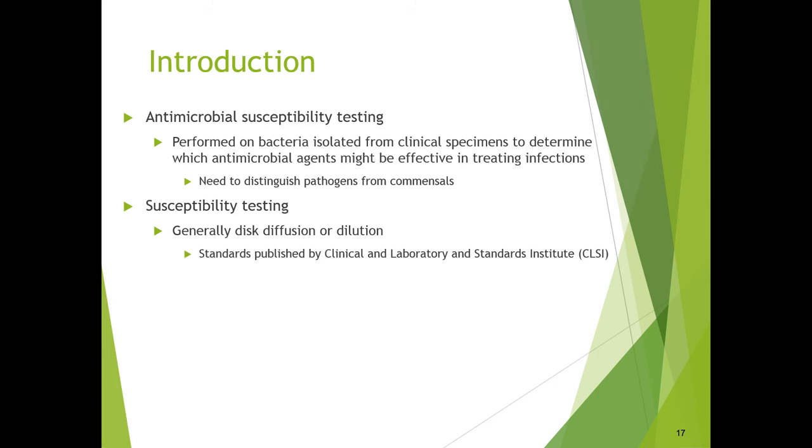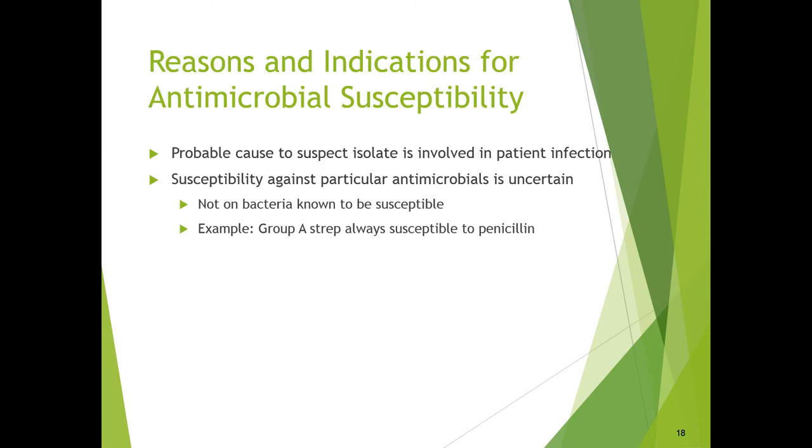So we'll use a standard guide that's published by the Clinical and Laboratory Standards Institute, so they determine what value of inhibition correlates to a sensitive or a resistant interpretation. And that kind of sounds like a jumbled mess, but let's get into how these methods are performed, and you'll see how we get to those interpretations.